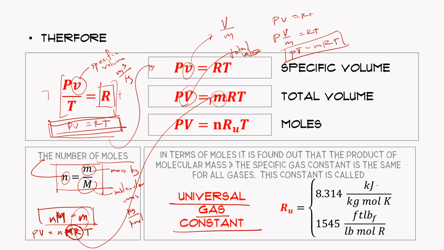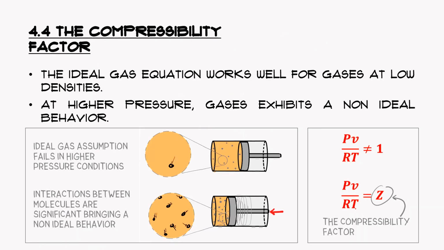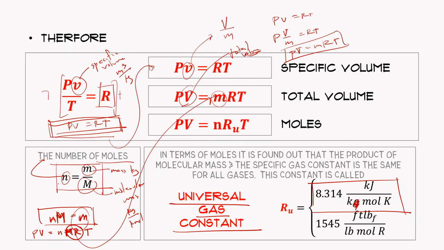And the value in these units is 8.314 kilojoules per kmole Kelvin. Again, we can have expressions for specific volume, or using total volumes, or using moles.